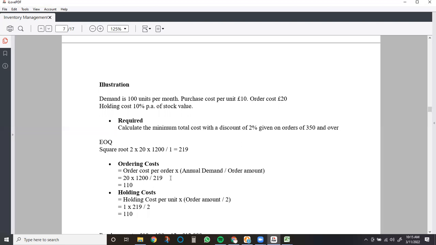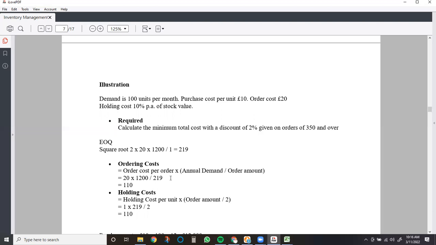So whilst a bigger quantity would naturally mean a bigger holding cost in total, and a smaller quantity would naturally mean a smaller holding cost in total, things may be a bit different if the holding cost is tied to the stock value.